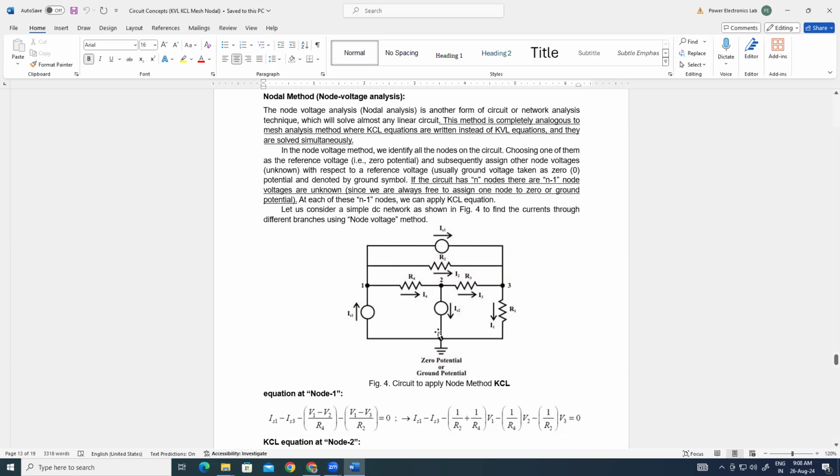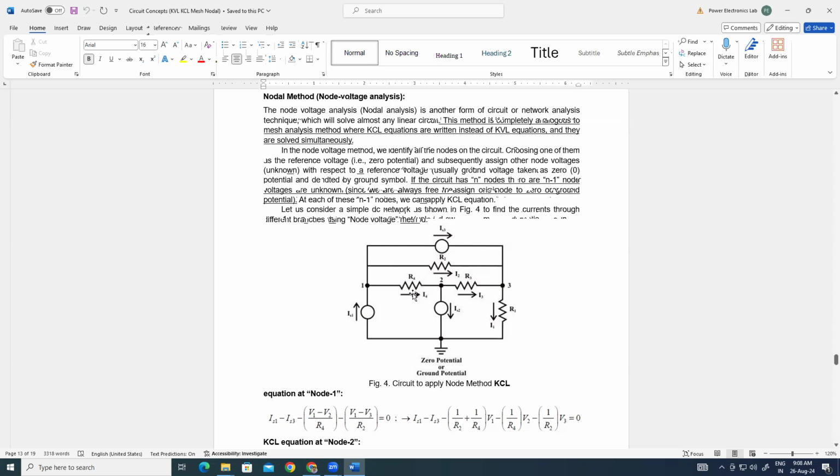One node will be the reference node, and the remaining nodes are 3 in the circuit. So there are a total of 4 nodes in the circuit. One node we have assumed as the reference node, so at the remaining 3 nodes we have to apply KCL and write KCL equations.